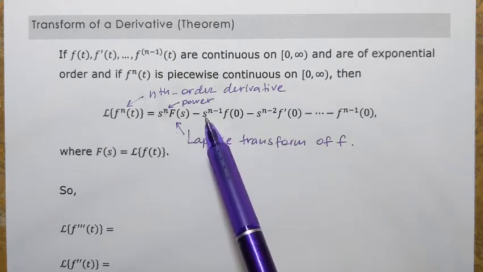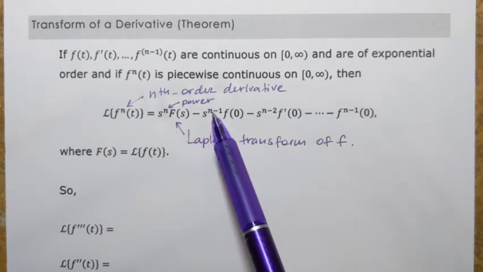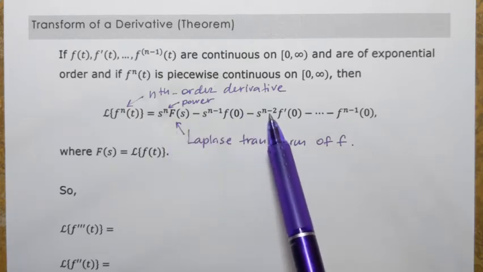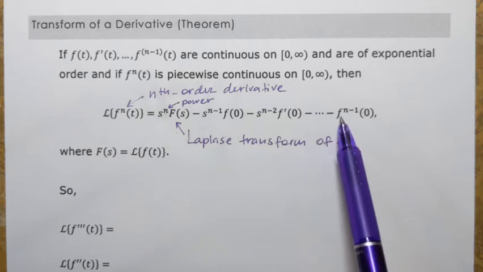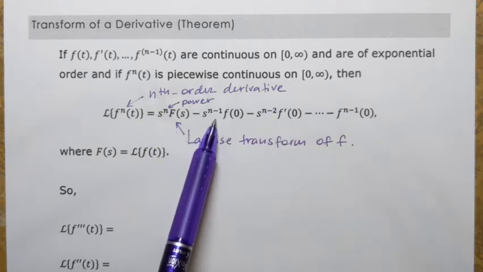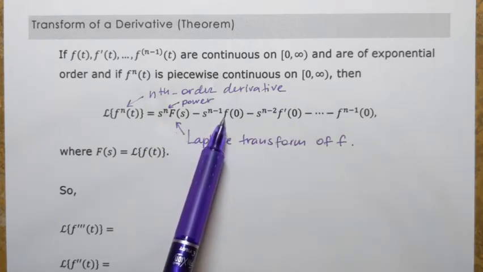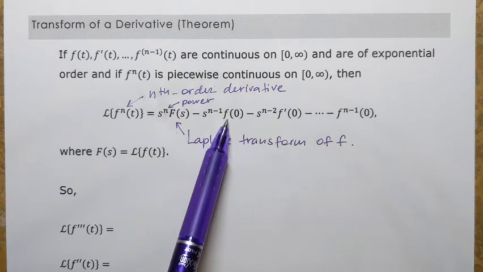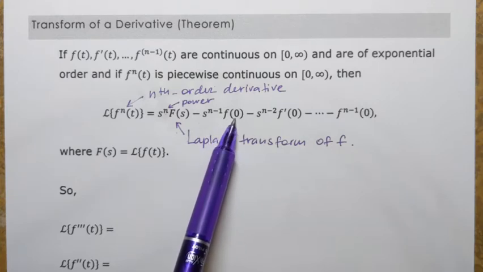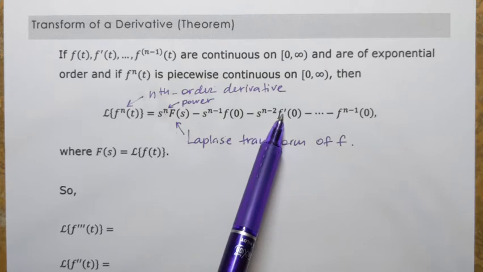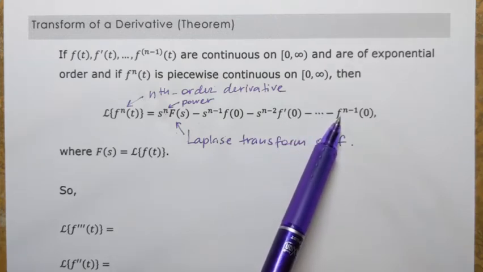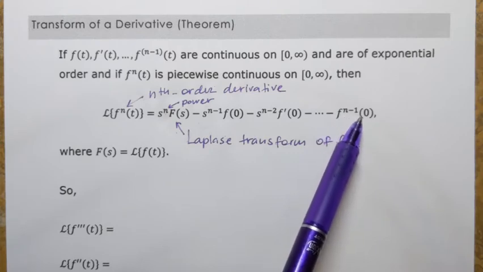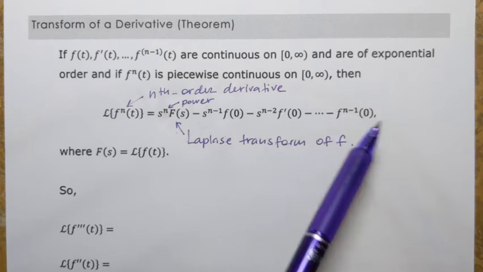So it's a product of, again, variable s raised to the power that's being reduced by 1 in each term from power n down to power 0. And that is being multiplied by f of 0, so function f being evaluated at 0, f prime evaluated at 0, and so on and so forth up to the n-1 derivative evaluated at 0.